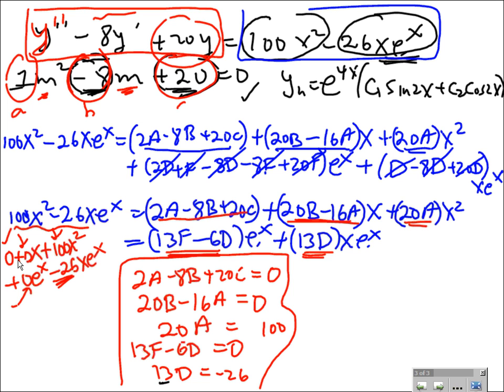Well, I know what to multiply 13 by to get negative 26. What I'm multiplying 13 by is d, it has to be negative 2. 20 times this unknown number is 100. Well, I know 20 times 5 is 100. So a must be 5.